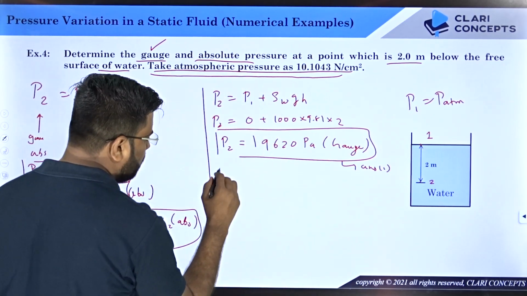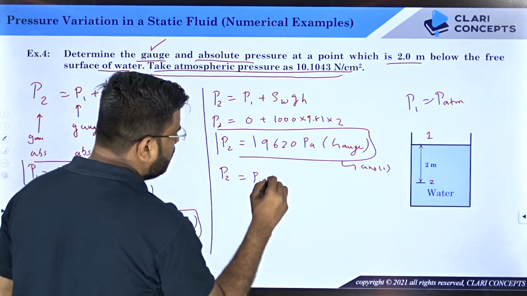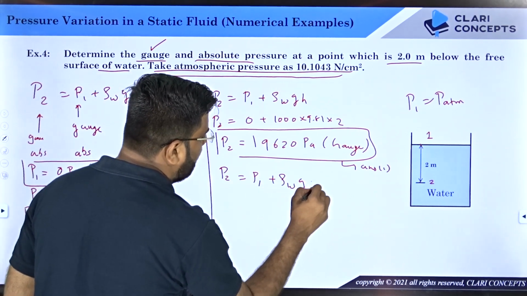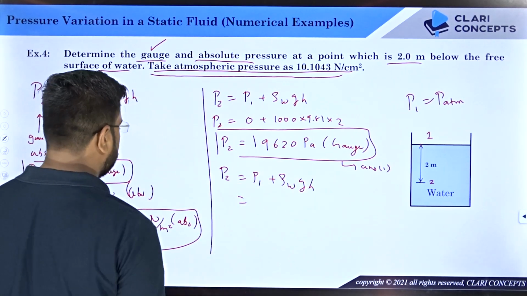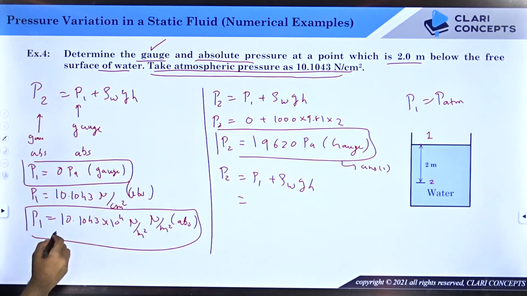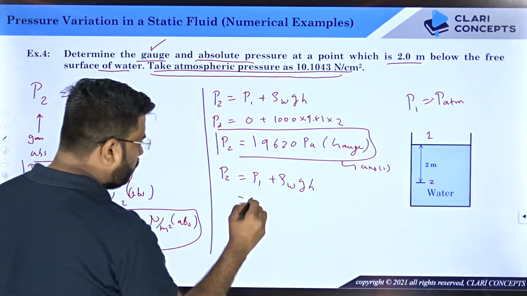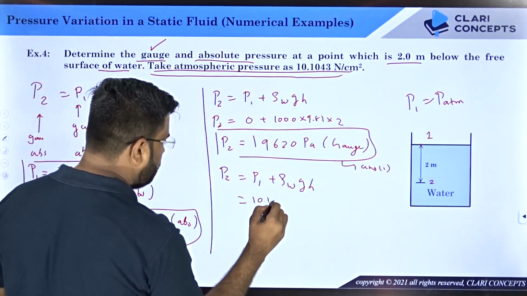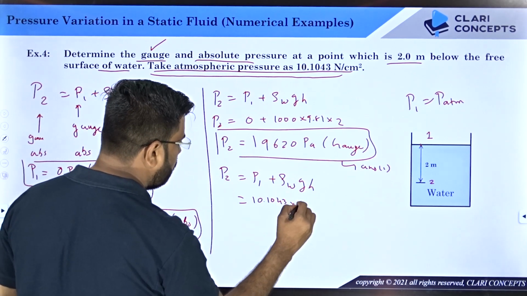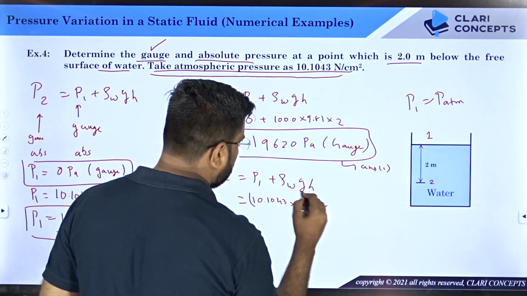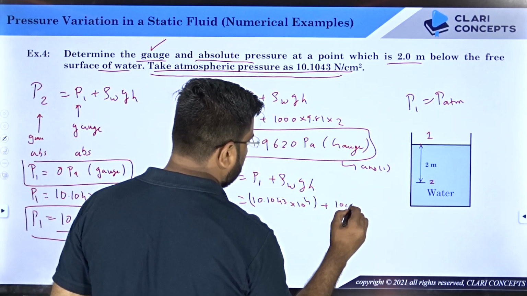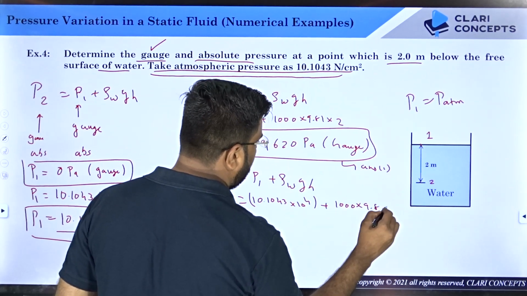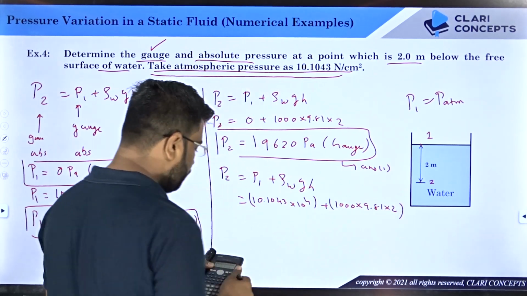Now, the same expression, you use it and you substitute the value of P1 in absolute sense. You will get P2 in absolute. So, what is the value of P1 in absolute sense? It is this, 10.1043 × 10 to the power 4 plus rho GH, as it is 1000 into 9.81 into 2.